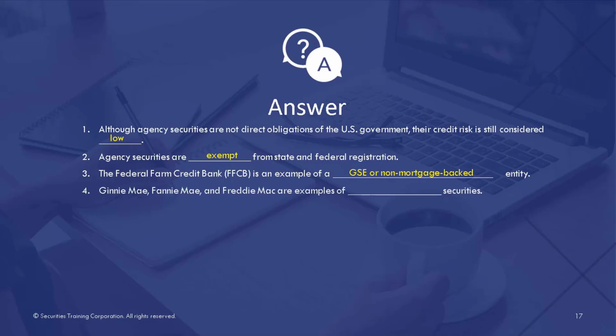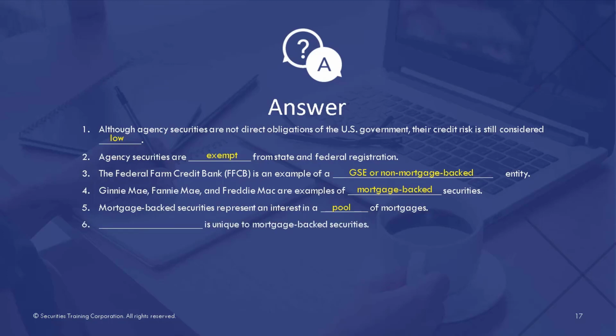Ginnie Mae, Fannie Mae, and Freddie Mac are examples of mortgage-backed securities. They're government agencies that are involved in the mortgage arena, and they issue mortgage-backed securities. Mortgage-backed securities represent an interest in a pool of mortgages. So they pool together generally similar fixed-rate mortgages into a pool and sell interest in that pool to investors.